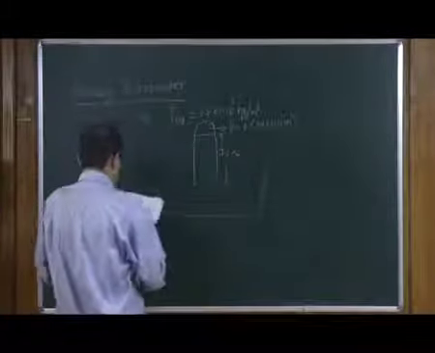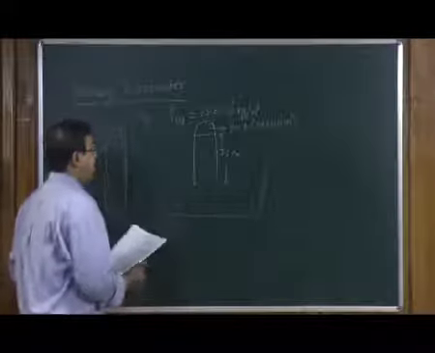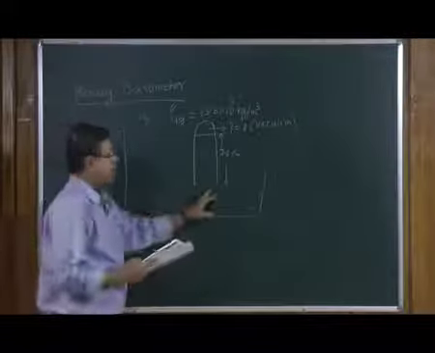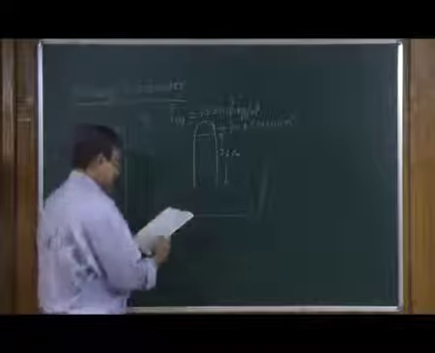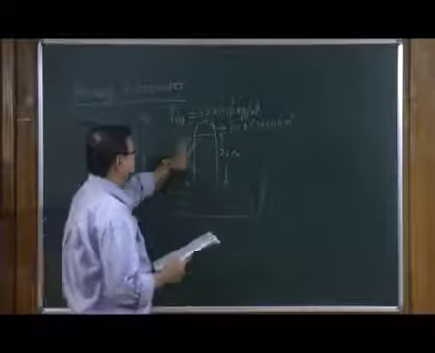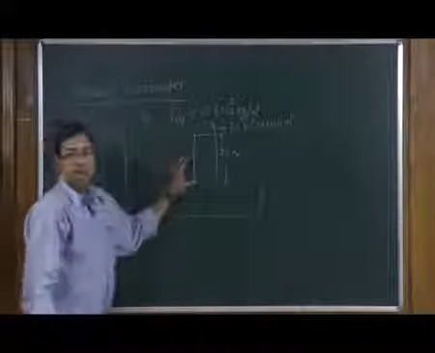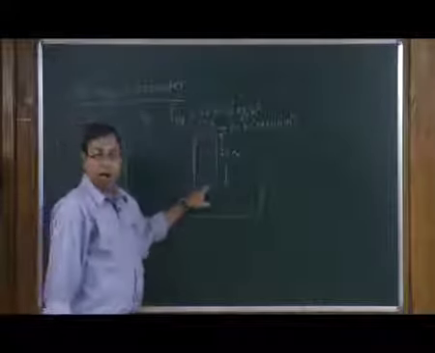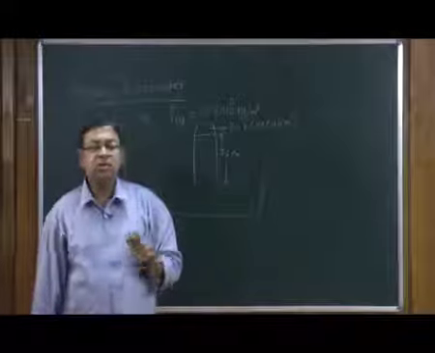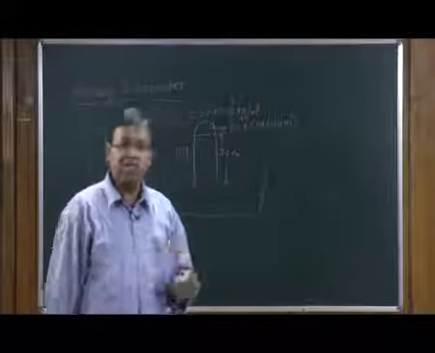So, 76 centimeter of mercury, as we have said, is the atmospheric pressure. In other words, a 76 centimeter column of mercury exerts the same pressure as the atmospheric pressure.